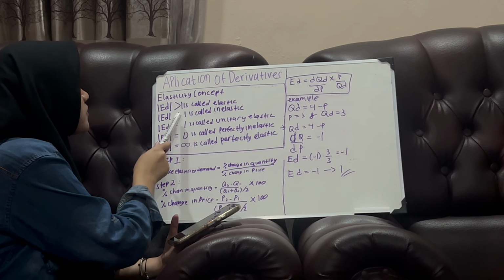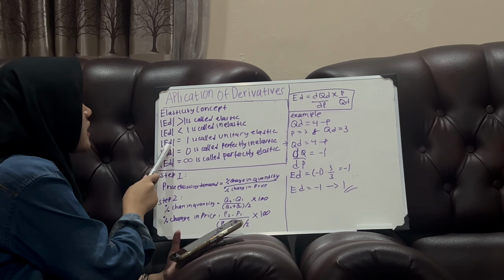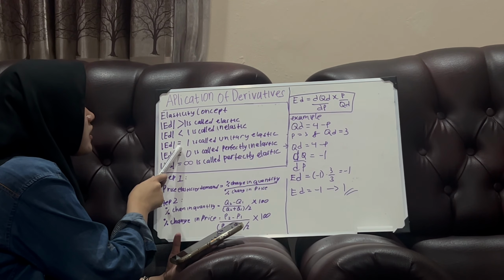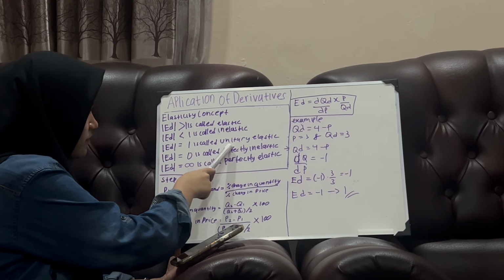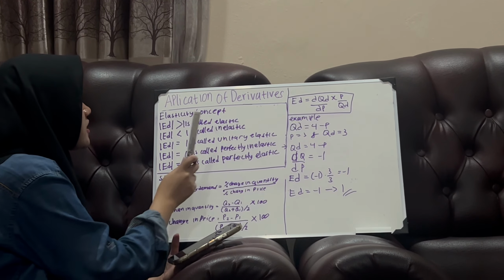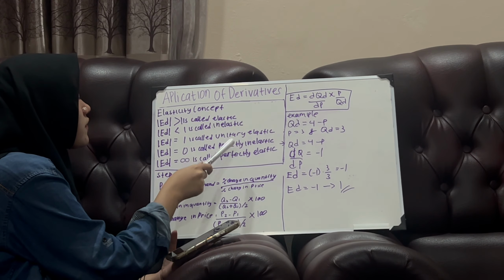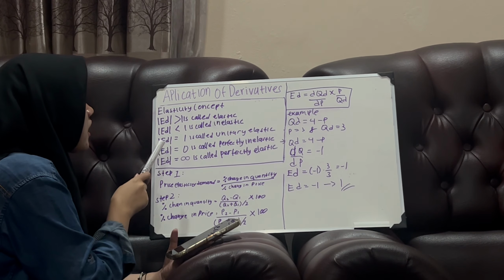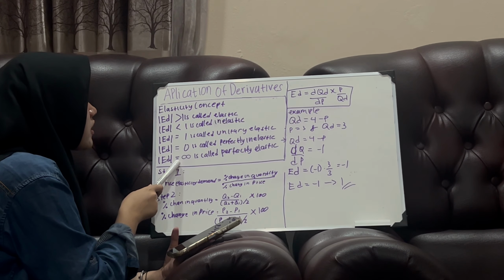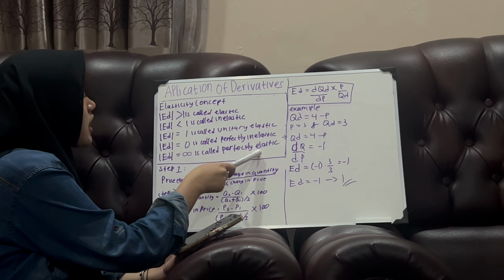ED smaller than 1 is called inelastic. ED equal to 1 is called unitary elastic. ED equal to 0 is called perfectly inelastic. ED equal to infinity is called perfectly elastic.